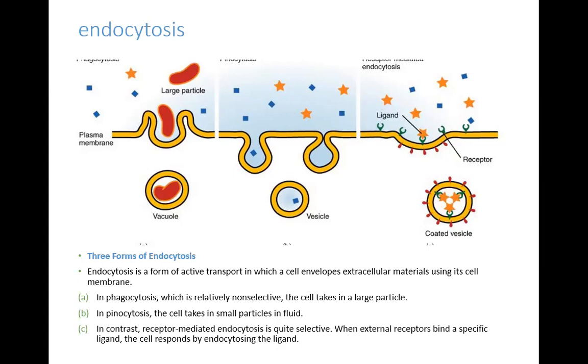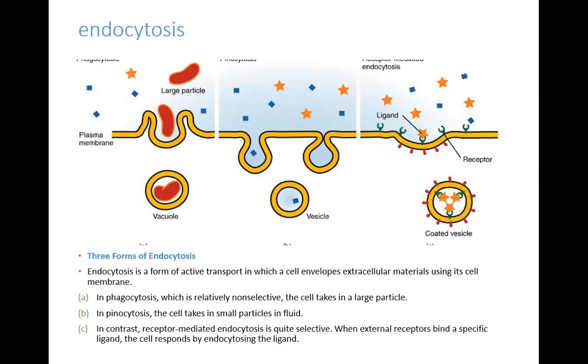So, for example, here on the far left-hand side, you see the plasma membrane engulfing a food particle. It forms a vesicle, or they call it a vacuole, but it's a vesicle. It's the same cell membrane structure around the vesicle.